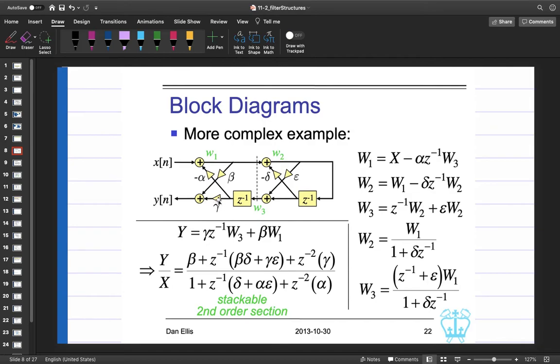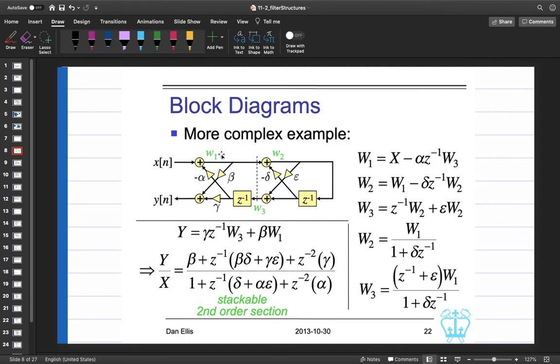Now I have to write y only in terms of x. So basically I have to solve these equations to omit w1, w2 and w3. I have got four equations and three unknowns, and I can omit three variables. So finally I substitute the value of w3 and w1 from these equations, and I get y in terms of x.